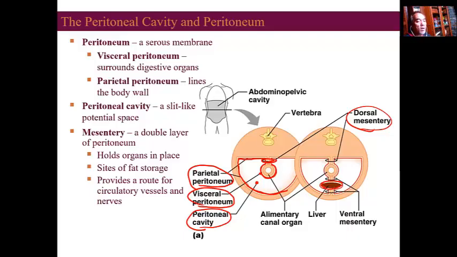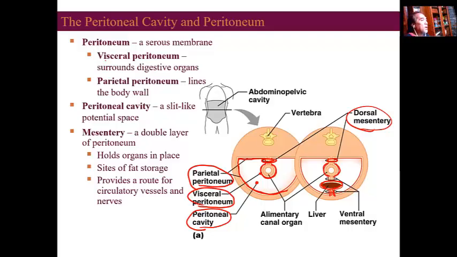The liver has a connection to the ventral wall, so we call it the ventral mesentery. Here you have the abdominal organ held at the dorsal wall by the dorsal mesentery. So the liver, the only one, has the ventral mesentery, and that is one of the things we look at inside the peritoneal cavity.